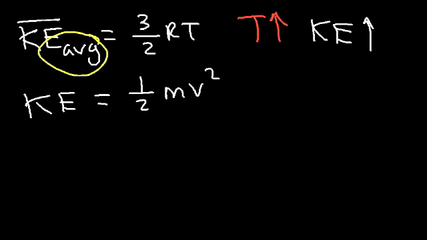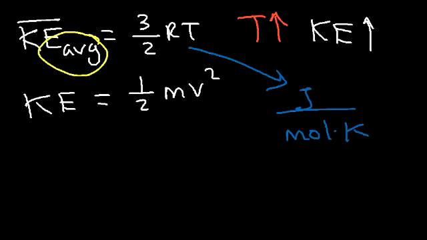Now, if we combine these two equations, we can use that to get the root mean square velocity of a gas. But you have to be careful with the units, because we can't set them equal to each other right now at this point. R has the units joules per mole per Kelvin. And if you multiply it by the Kelvin temperature, we get the units joules per mole.